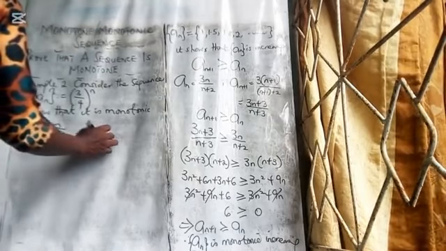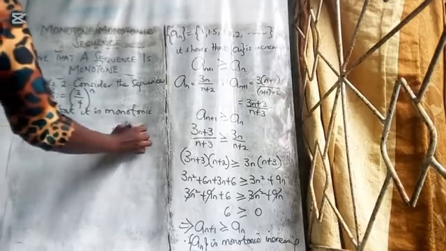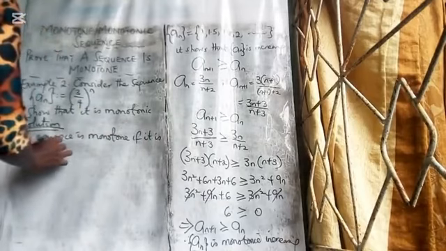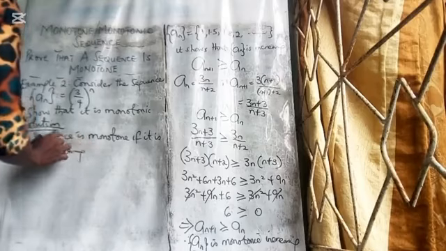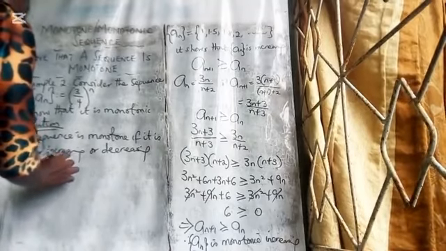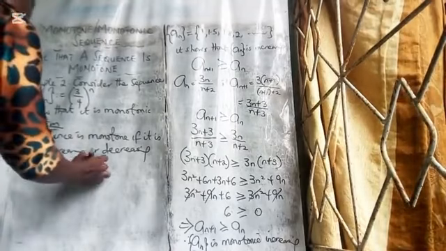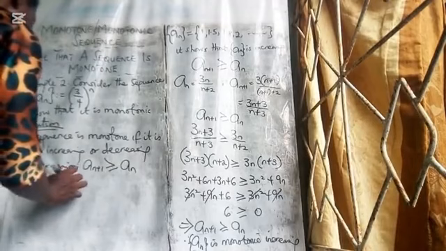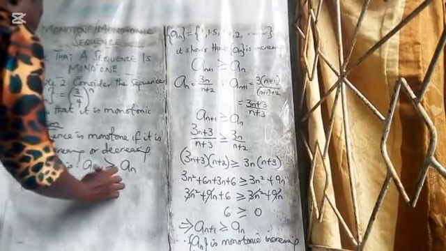A sequence is monotone if it is either increasing or decreasing. If increasing, we expect that a sub n plus 1 is greater than or equal to a sub n. If it is decreasing, we expect that a sub n plus 1 is less than or equal to a sub n.